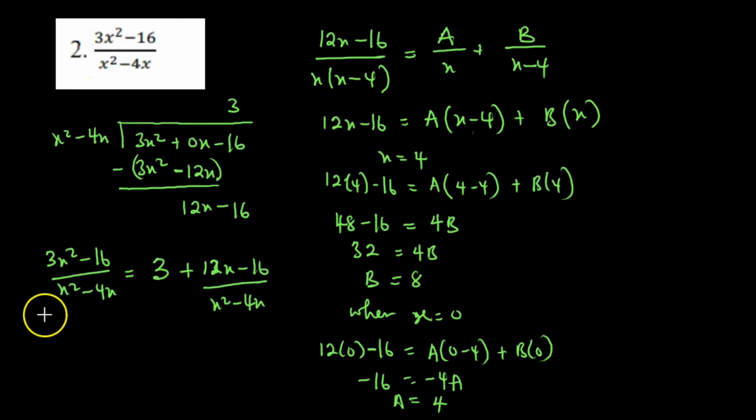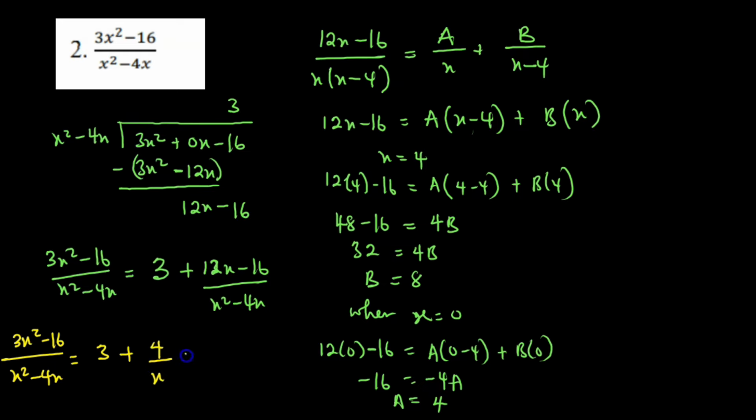So in other words, what it implies is that, let me use a different color, let me use the yellow color. The partial fraction for 3x squared minus 16 all on x squared minus 4x will be equal to 3 plus, remember we wrote the partial fraction as a over x, so a value is actually 4 over x.